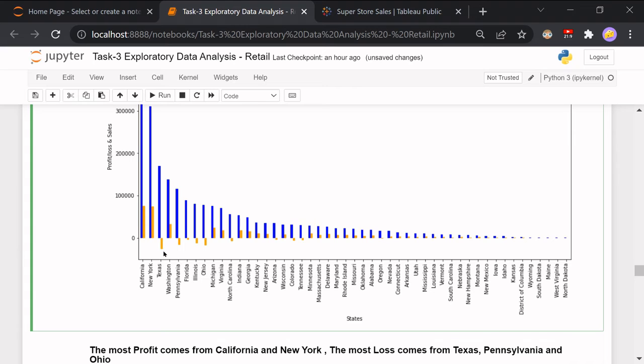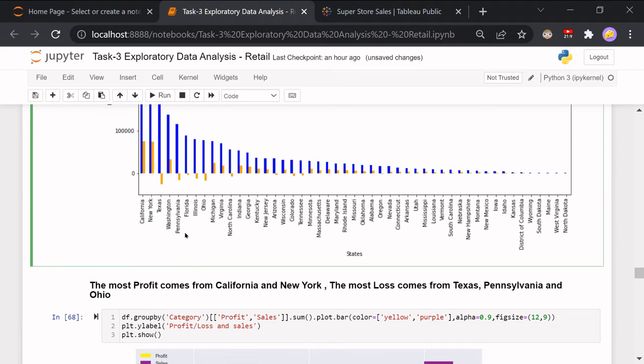So in Texas and in Pennsylvania, we can minimize our sales, or maybe we can somehow create a marketing strategy which will lead to increased profits in some manner.